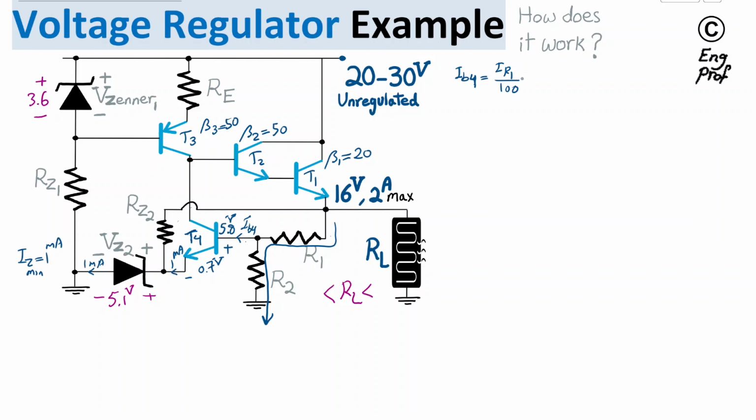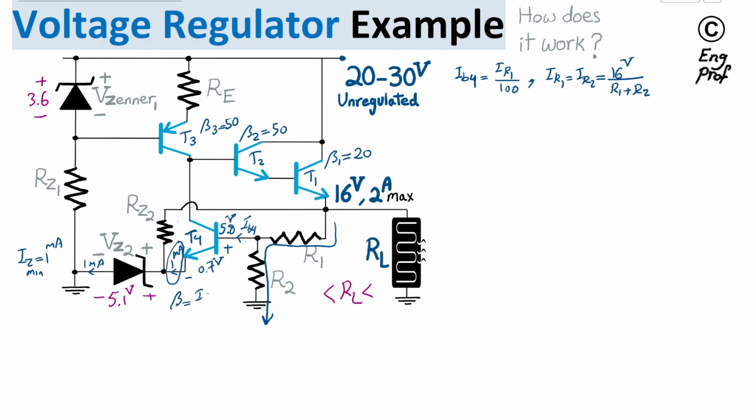Alright, if I make that assumption, there is 16 volt across the series of R1 and R2, and I can say the current of R1 is practically equal to the current of R2, which is 16 volt divided by R1 plus R2. The other thing I can see is there is 1 milliamp going through the emitter of transistor T4.